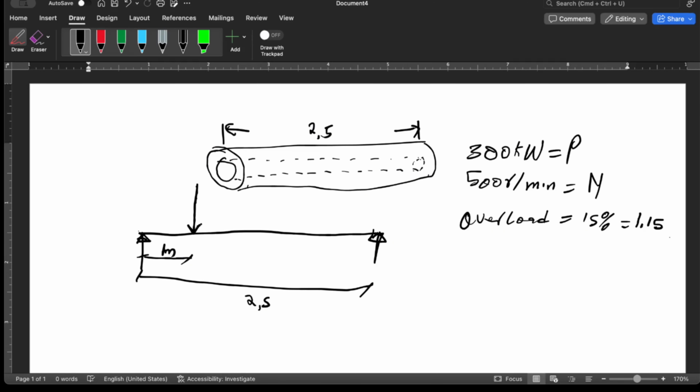2,000 kilograms. 19,620 newtons. 2 ton, how many newtons? 2,000.